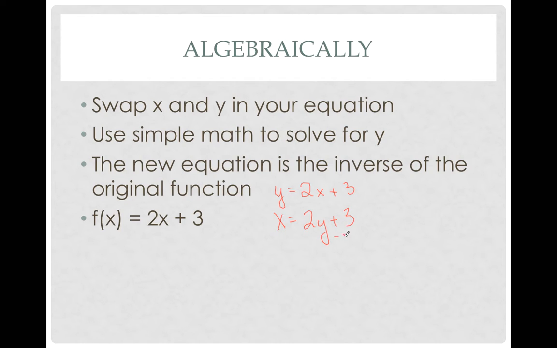So we're going to subtract 3 on both sides and divide by 2. That is f inverse of x. This is our new inverse function, 1/2 x minus 3/2.